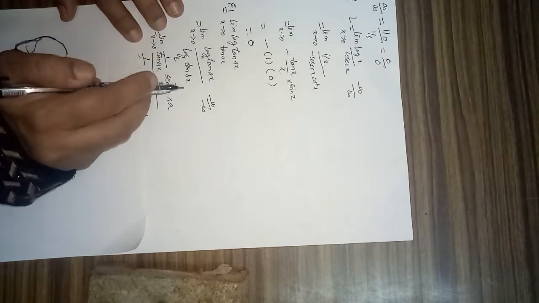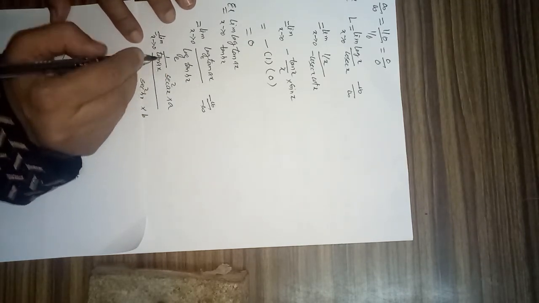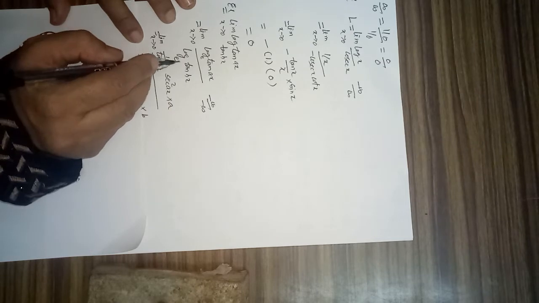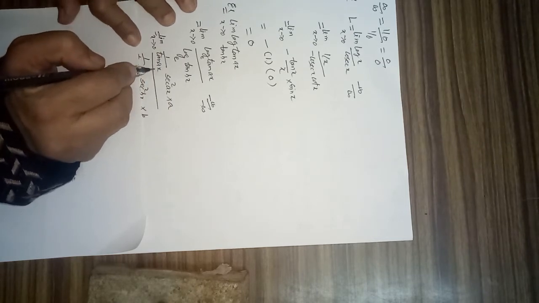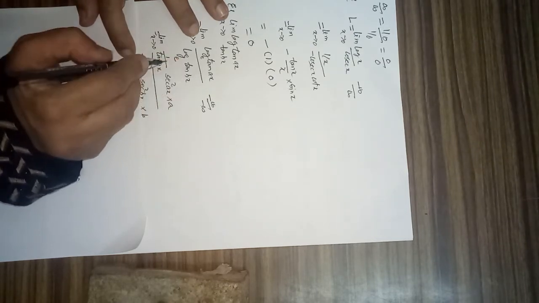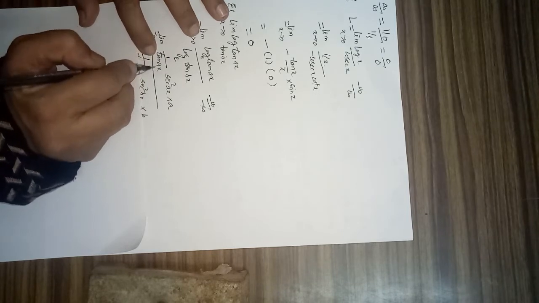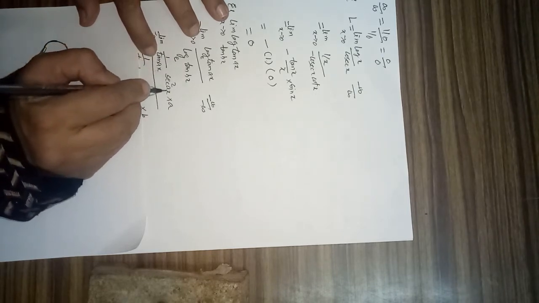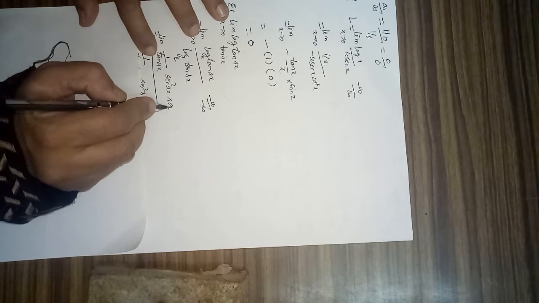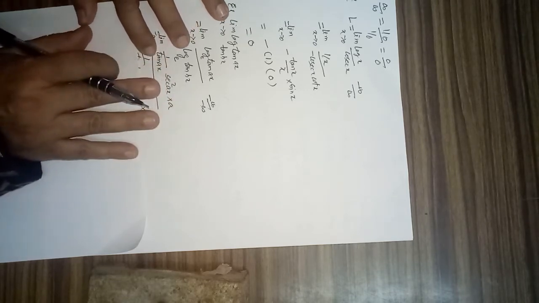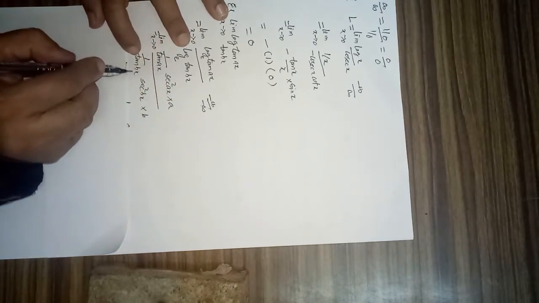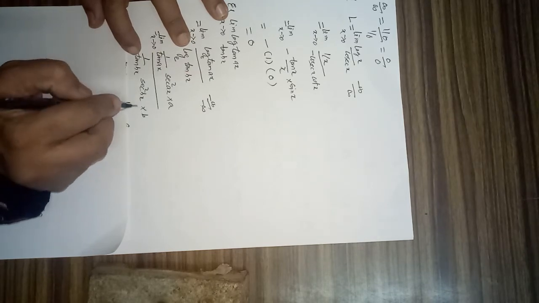That is, differentiate numerator and denominator independently. The derivative of log of tan x is 1 upon tan x, but here it is ax, so 1 upon tan ax, and the derivative of tan ax is secant square ax into the derivative of ax, which is a. Similarly, the denominator derivative is 1 upon tan bx into secant square bx into b.